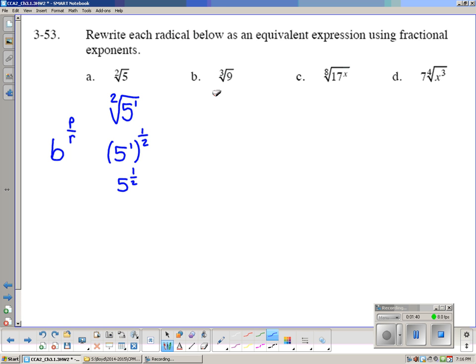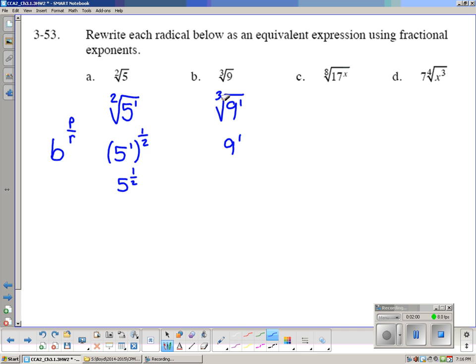So problem B, we have the cube root of 9. If we think about what power 9 is being raised to right now, it's like the first power. So we have 9 to the first power.